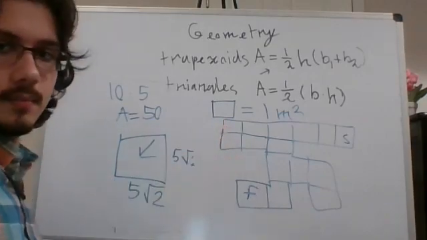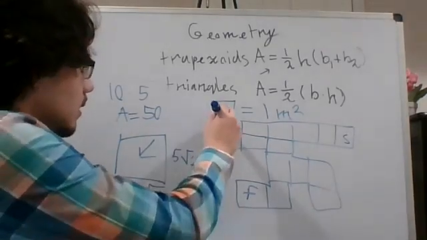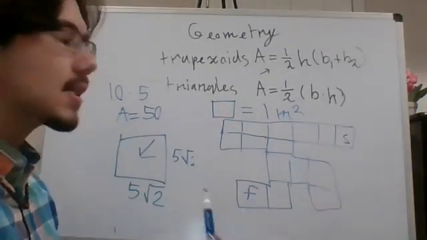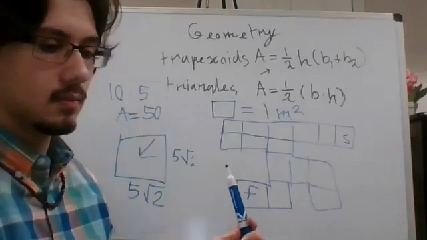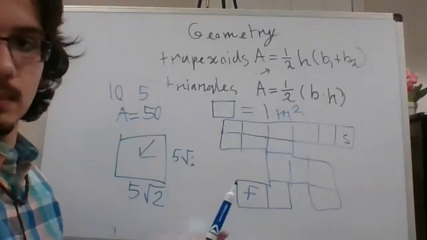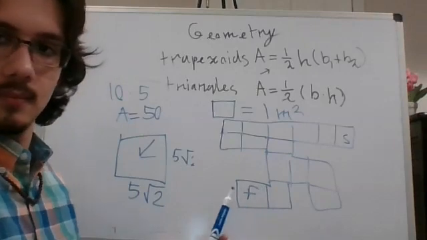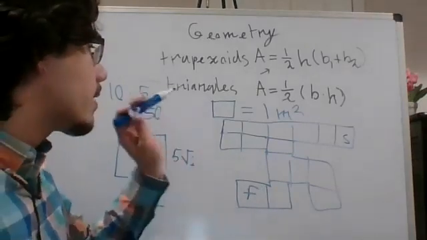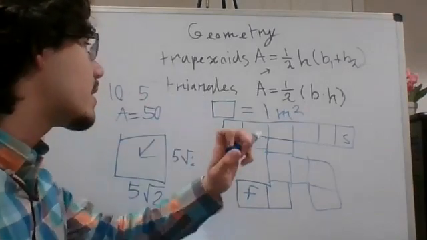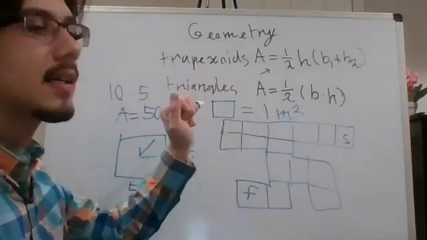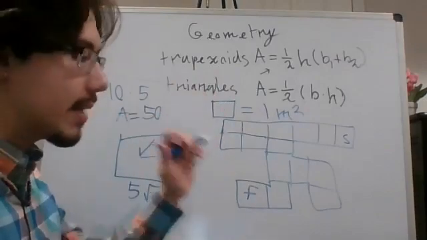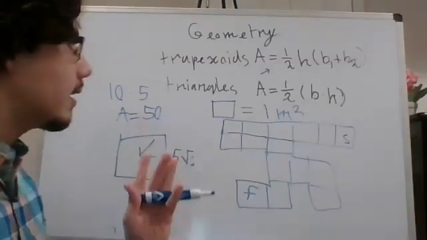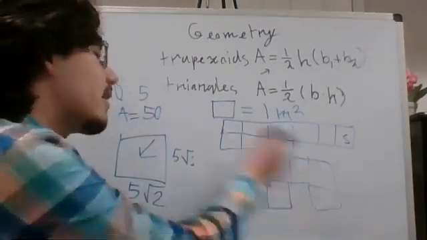So if we know what 1 square is, could we count all the squares in the maze? Yes, sir. Okay, so if we know the number of squares in this maze and we know how much the area of each square is, could we then find the total area of the maze? Yes, sir. Very good. So that is how you would find the area of the maze.